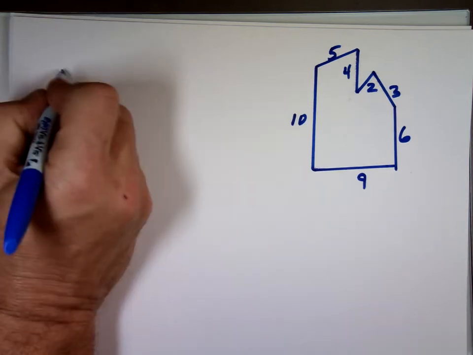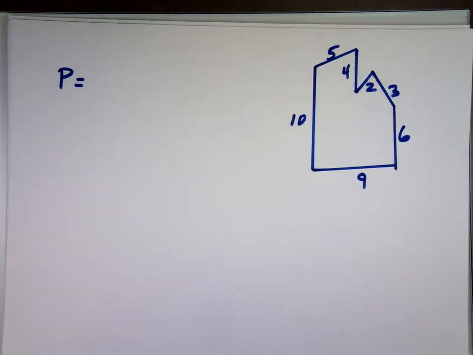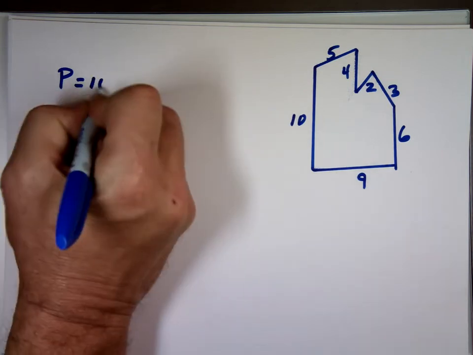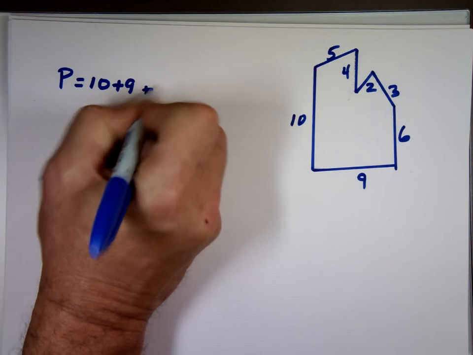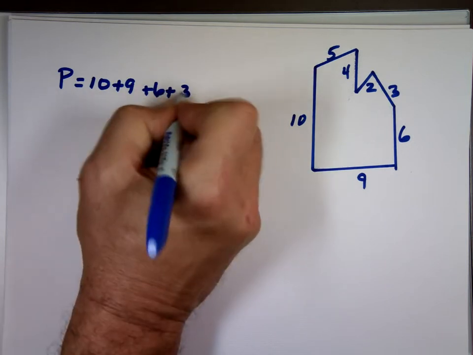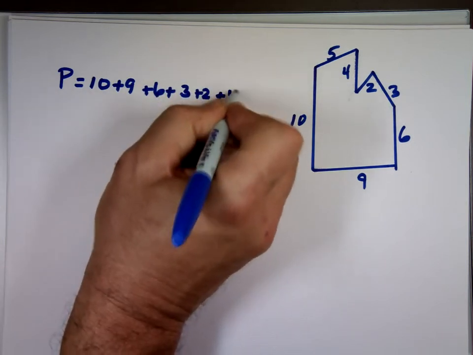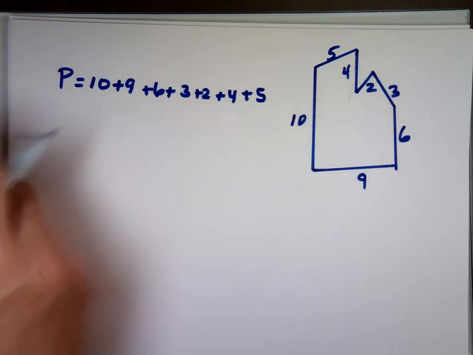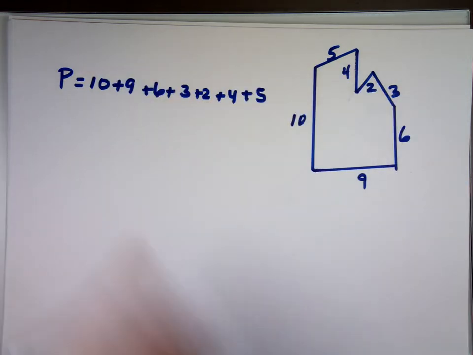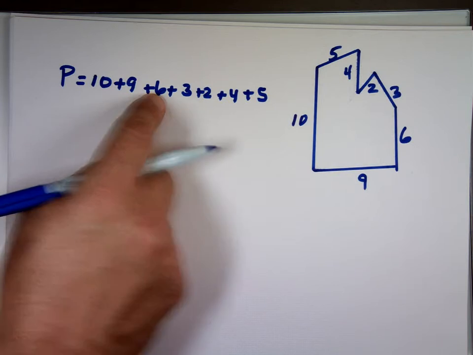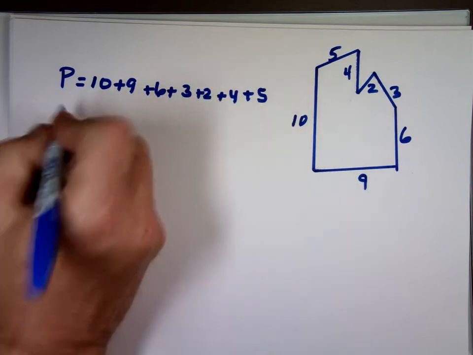What's the perimeter of that shape? We add all the sides. There's no equation for that because we have just a crazy shape. You add all the sides. 19, 25, 30, 34, 39.